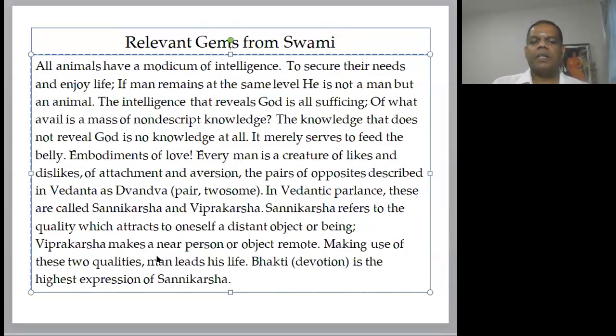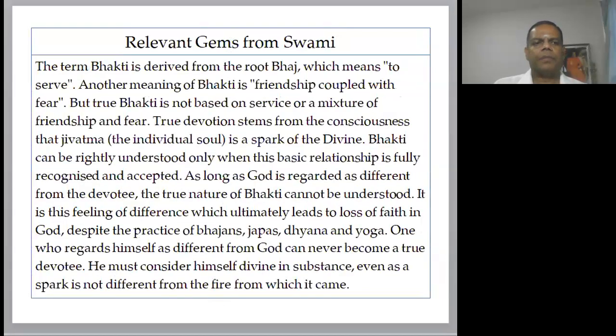Viprakarsha means making a near person or object remote. Making use of these two qualities, man leads his life. Bhakti, devotion, is the highest expression of sannikarsha. The term bhakti is derived from the root bhaj.